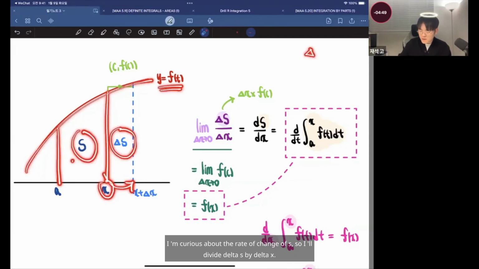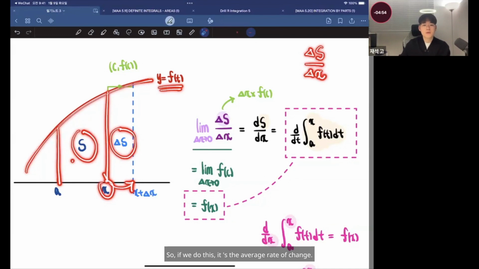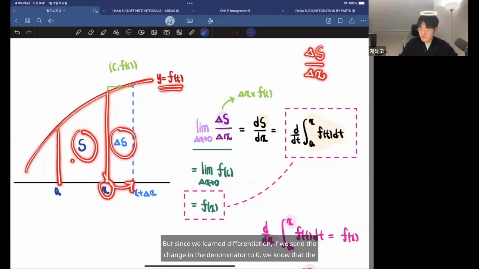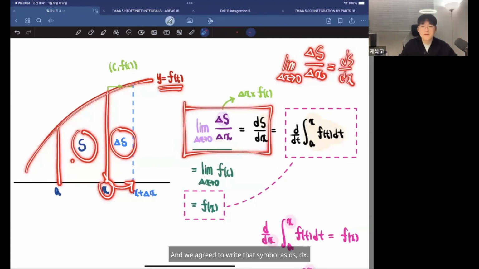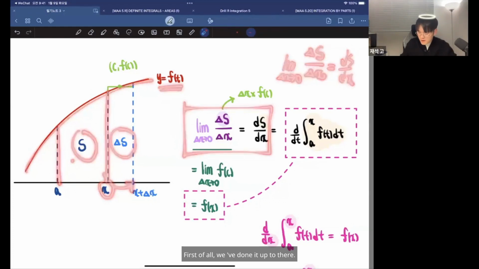I'm curious about the rate of change of s, so I'll divide delta s by delta x. So, if we do this, it's the average rate of change. But since we learned differentiation, if we send the change in the denominator to 0, we know that the instantaneous rate of change comes out, and we agreed to write that symbol as ds/dx. First of all, we've done it up to there.